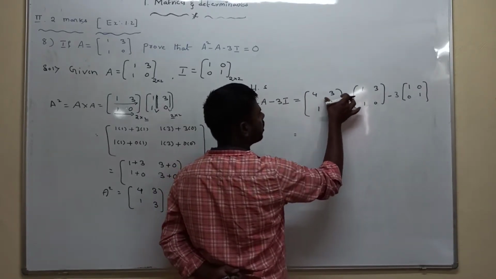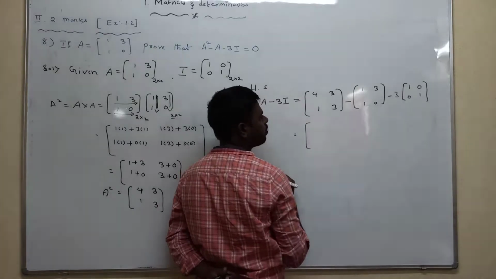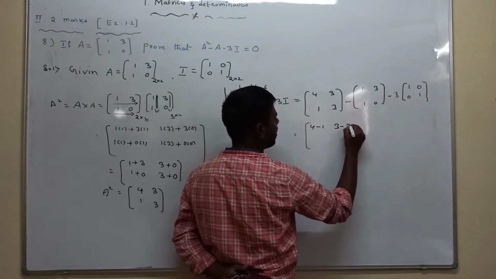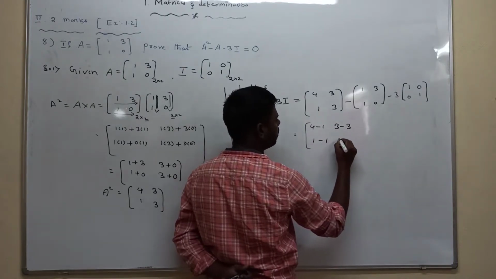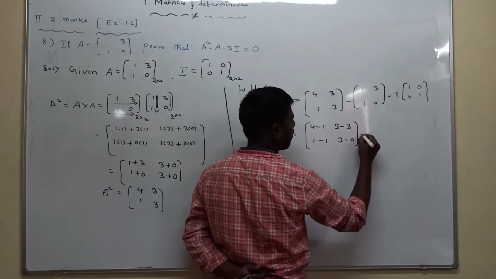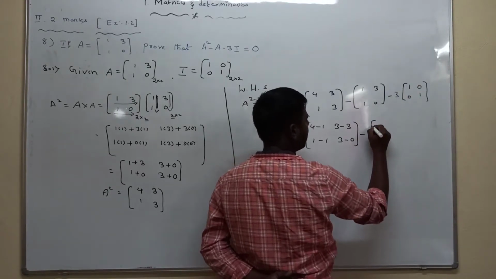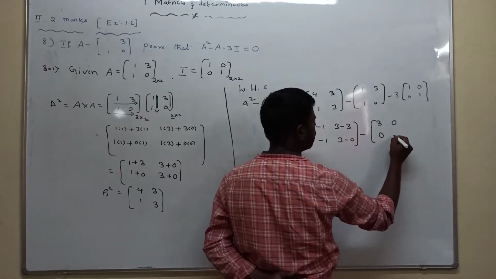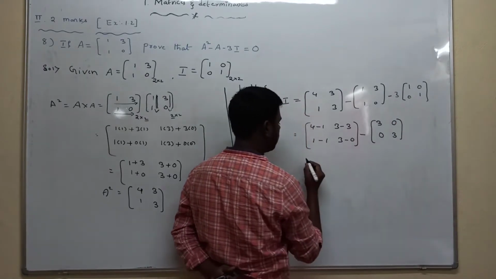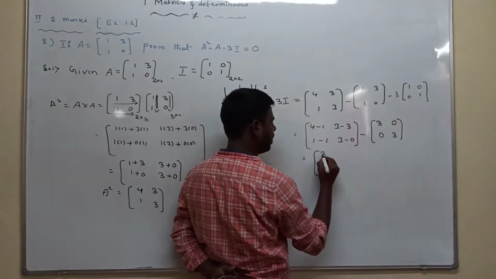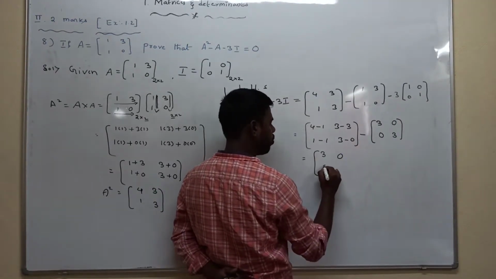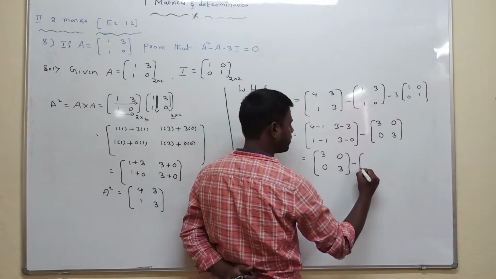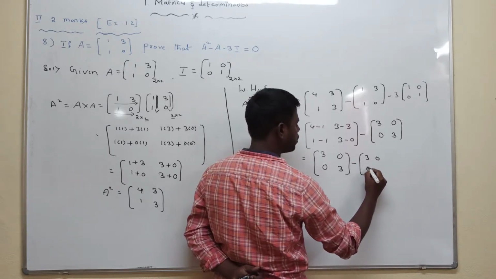Now 3 into I: 3 into 1 is 3, 3 into 0 is 0, 3 into 0 is 0, 3 into 1 is 3. Now subtract the corresponding elements: 4 minus 1 is 3, 3 minus 3 is 0, 1 minus 1 is 0, 3 minus 0 is 3, minus [3, 0; 0, 3].